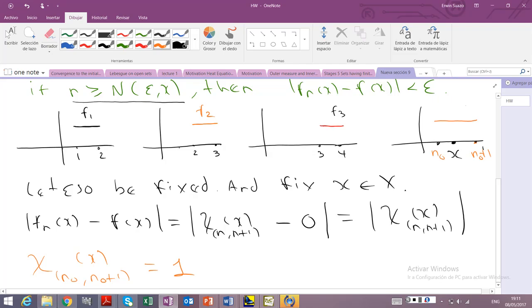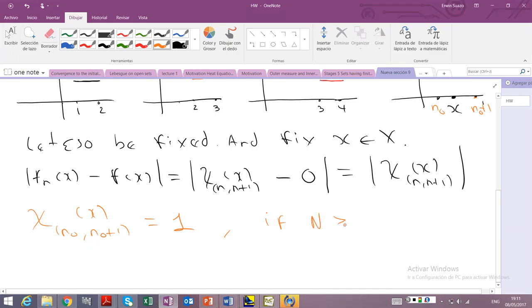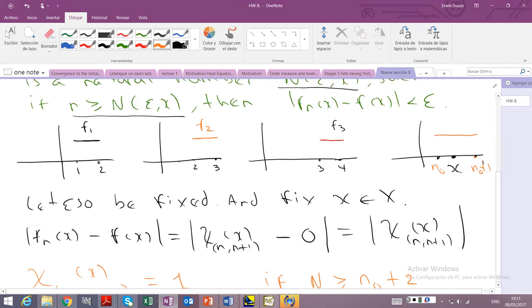But what is going to happen after this is that if n is bigger or equal than n_0 plus 2, the next function is going to be here, and after there, any function with index bigger than n_0 of the sequence is to the right. So f_n(x) is going to be 0 if n is bigger or equal than n_0 plus 2, because all of them are going to be to the right.